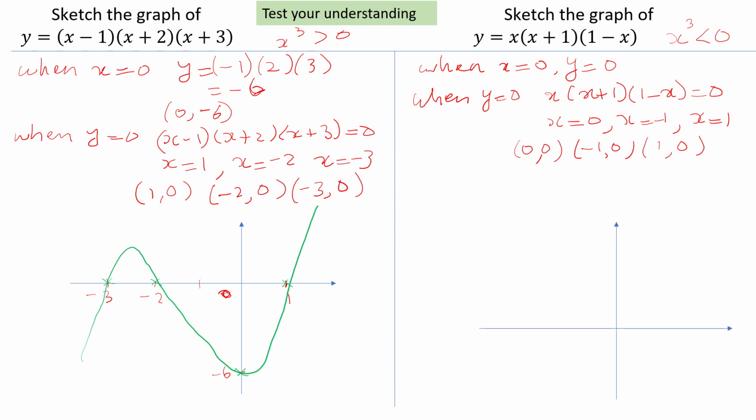So (0, 0). This is 1, -1. Now the graph starts from the top left-hand corner.